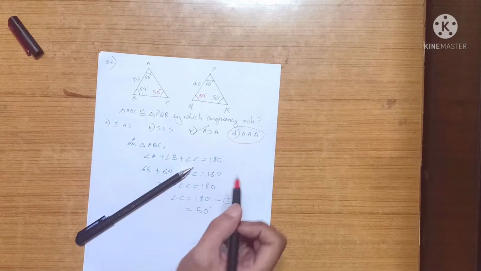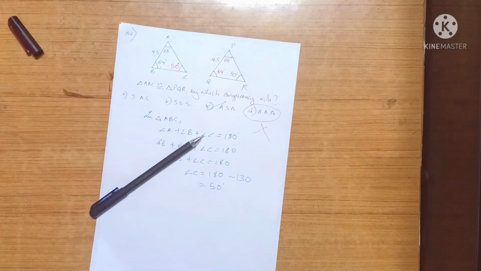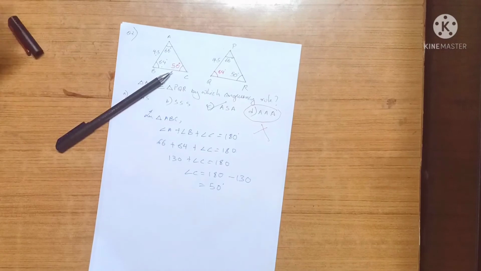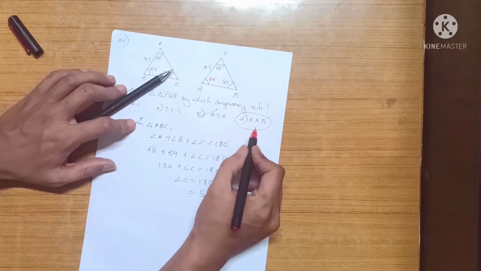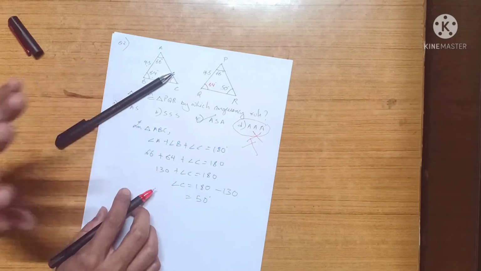Because with angle angle angle, you cannot prove congruency. In a question, they might even ask: which of the following congruency rules cannot be used to prove that two triangles are congruent? They might give you options, and it will be AAA, because we cannot use AAA to prove two triangles are congruent. Why?